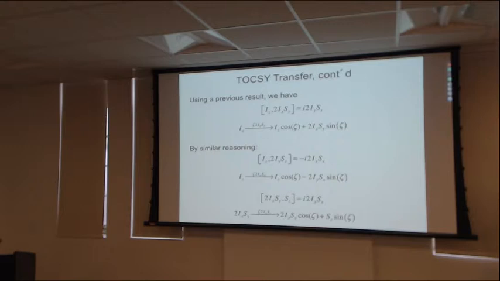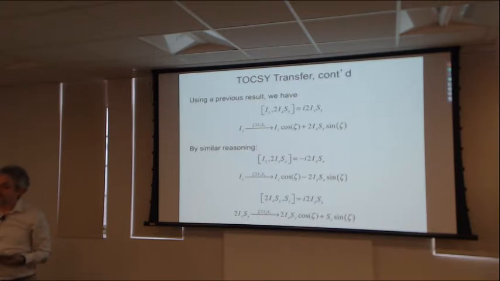And a TOCSY experiment is designed to break out of the weak coupling limit, to restore the strong coupling limit. Hopefully you'll remember from when we introduced scalar coupling, I said that the weak coupling limit would occur if the difference in chemical shifts between the coupled spins was large compared to the J coupling.